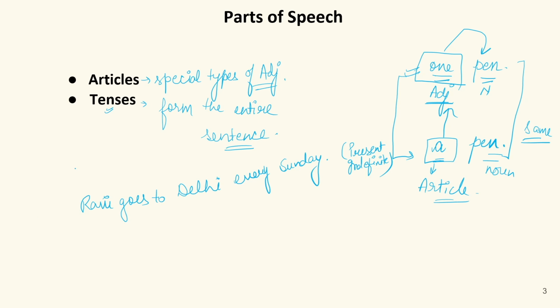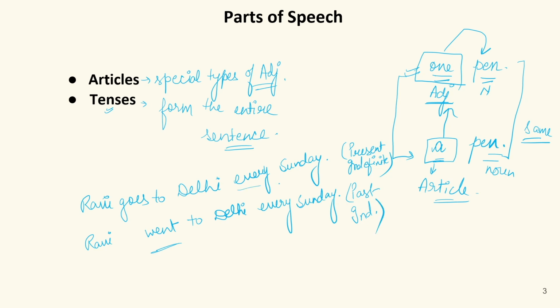Now, if I write this sentence in past indefinite, I can write "Ravi went to Delhi every Sunday". It means he used to go before, but nowadays he doesn't. So this statement shows that this is past indefinite. This is the activity of the past, or you can say simple past.